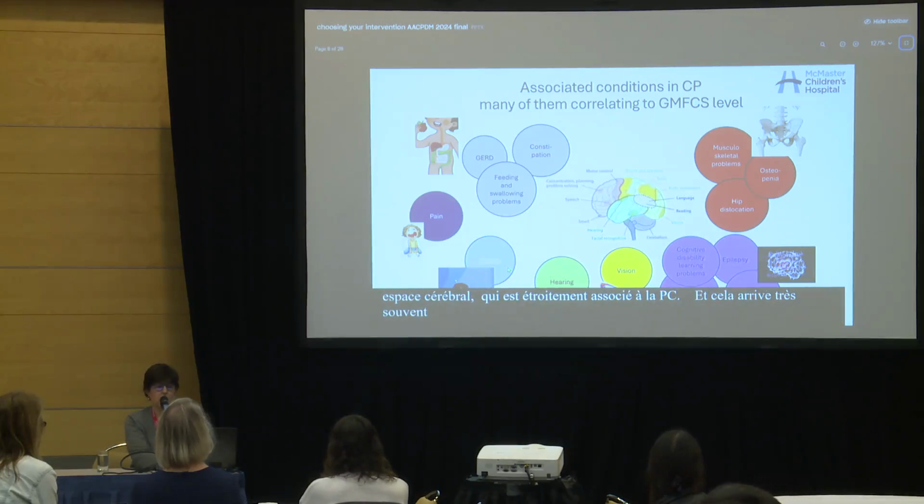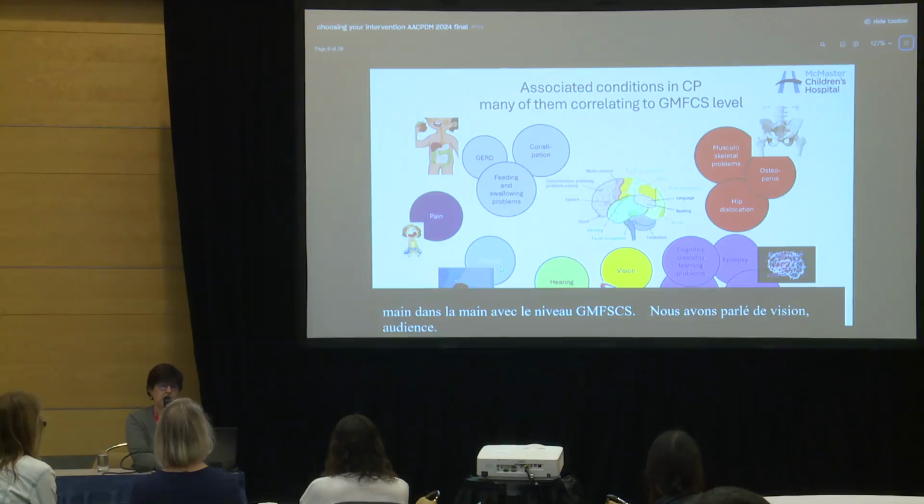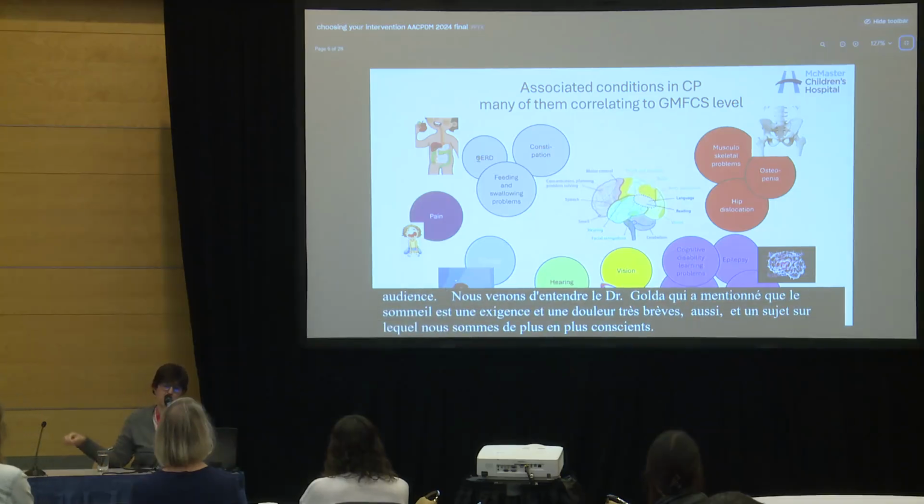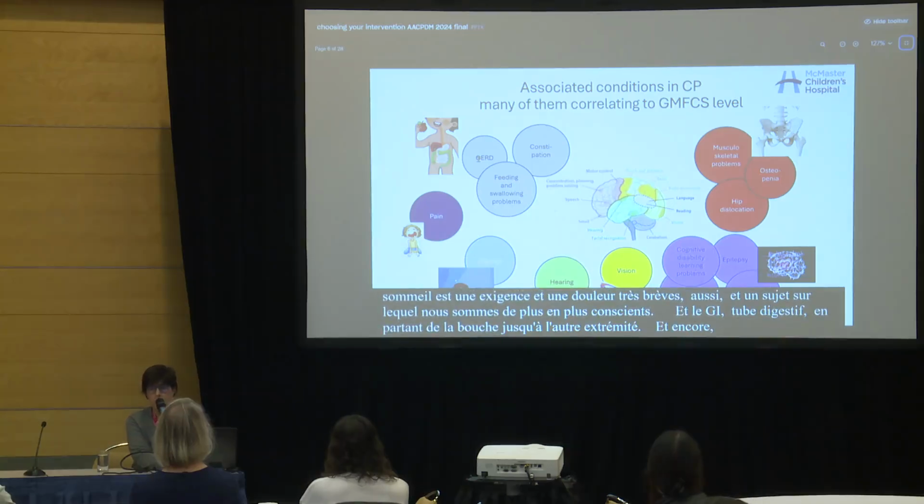We just heard from Dr. Golda Milo mention that sleep is very prevalent, and pain, unfortunately, too, and it's a topic that we are getting more and more aware of. And then the GI, the gastrointestinal tract, I like to say, starting from the mouth to the other end. And again, being aware that those associated problems happen in a high percentage.